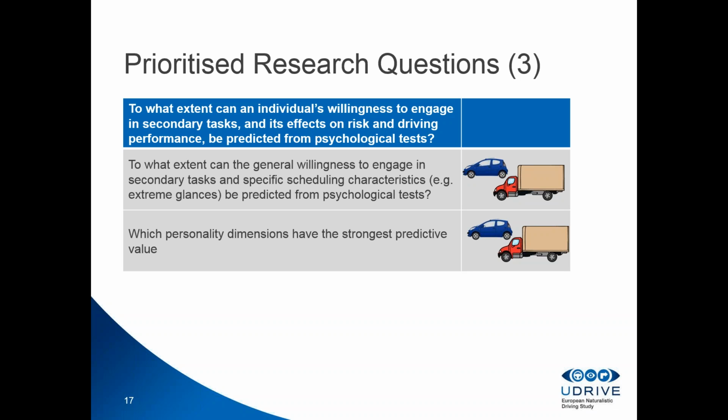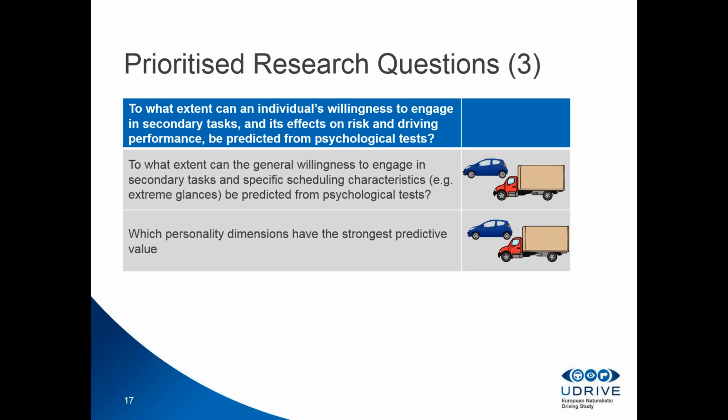And we've also asked people a series of direct questions about their attitudes towards speed and close following and so on. And then we can look at which personality dimensions have the strongest predictive value.